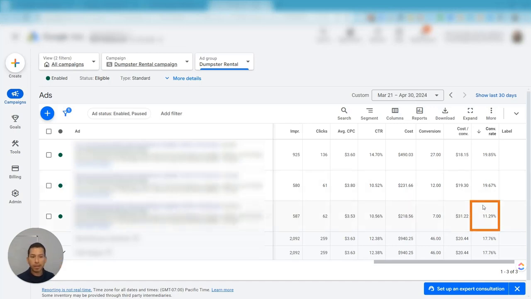And the bottom headline is not doing too well. I'll give you a hint, it's got "affordable" in it. My hypothesis is this third row is going to lose, and we're going to pause it. Then we're going to add in another one, or we're going to let these 2 battle it out and see who wins with statistical significance. And then we're going to try to beat that winner. And the battle goes on and on and on, and that's how we continue to improve a campaign over time.